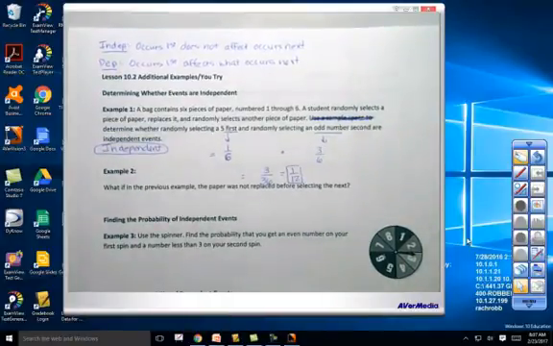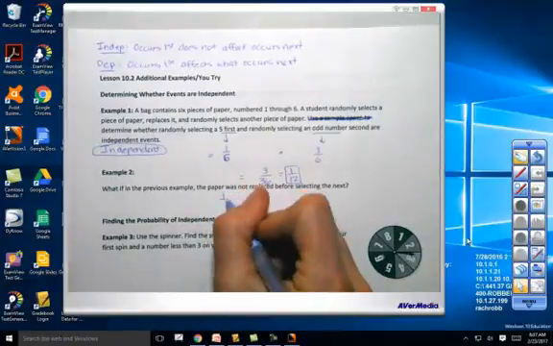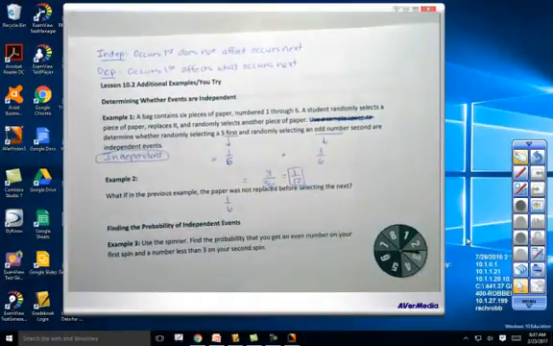But what if I chose the 5 out first? Oh, that chance is still 1/6, right? But now I want an odd number, and I don't have the 5 in there anymore. How many odd numbers are in there, Cody? 2/5.